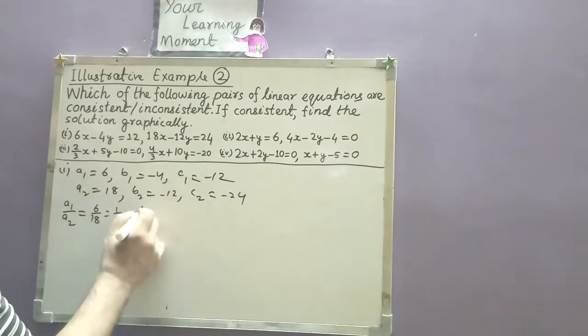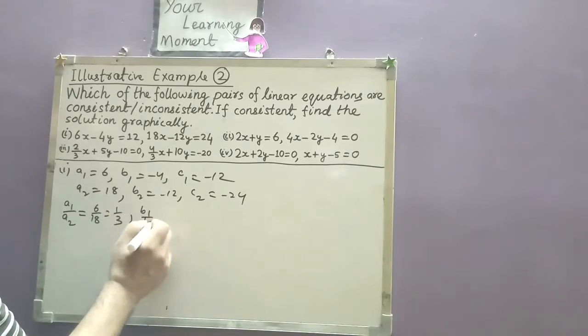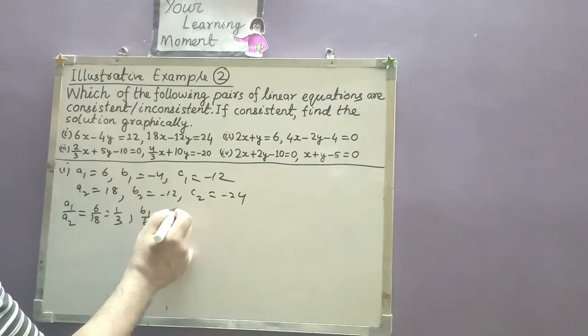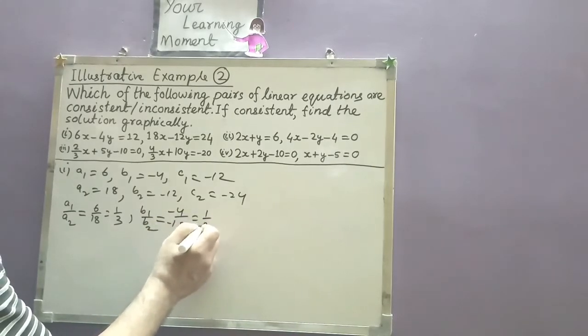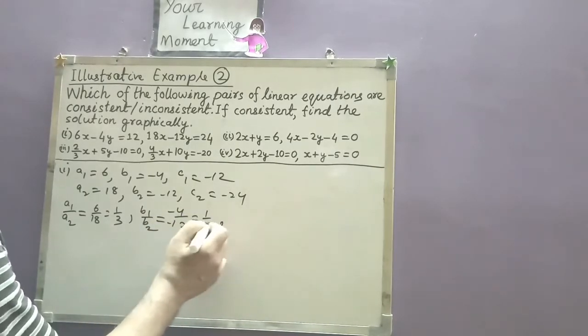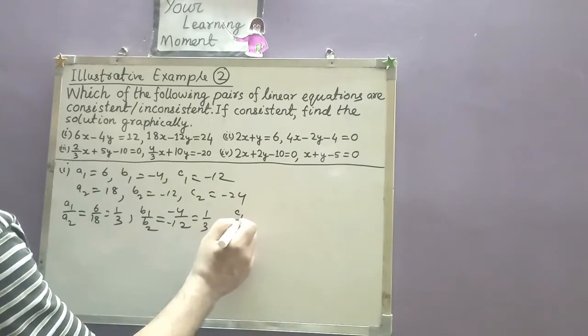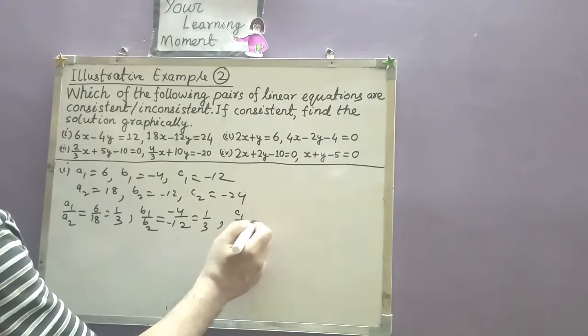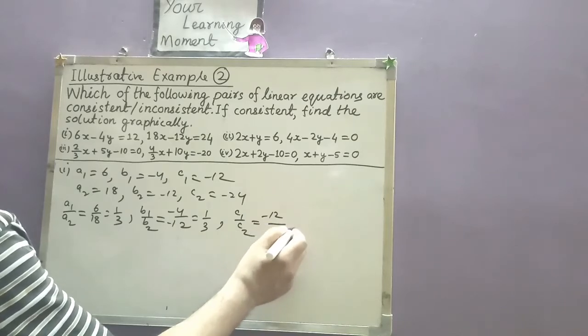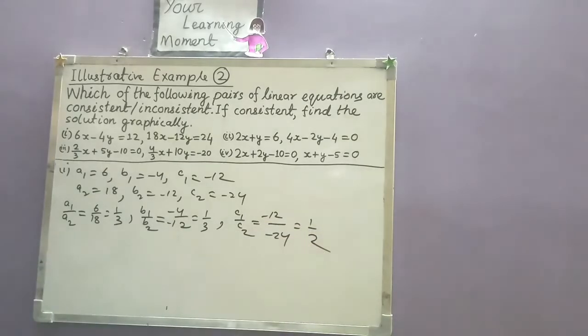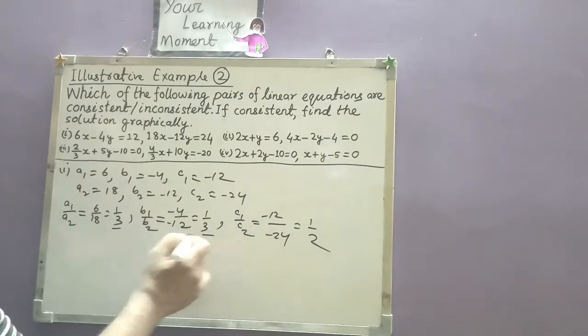Then b1 upon b2 means minus 4 by minus 12, that equal to 1 by 3. Then c1 upon c2, that equal to minus 12 upon minus 12, that equal to half. So just look at 1 by 3, 1 by 3.